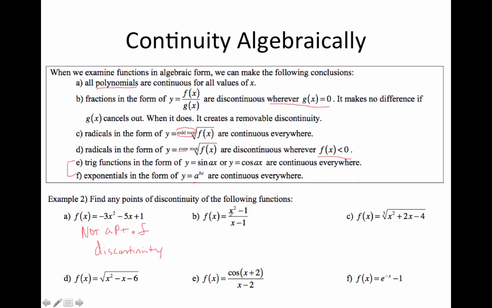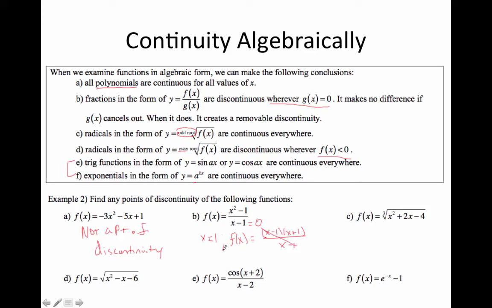Graph B, we have a fraction, x squared minus 1 over x minus 1. Like it says up in the table in part B, we only care about when the denominator is 0, and that's going to happen when x equals 1. So this graph will not be continuous at 1. But note something, that f of x can be factored and canceled as x minus 1 times x plus 1 up top, and then the x minus 1 on the bottom.